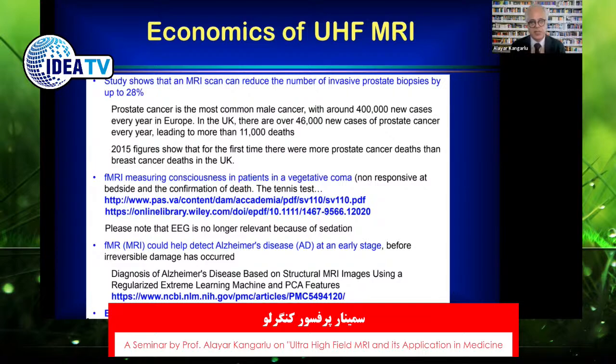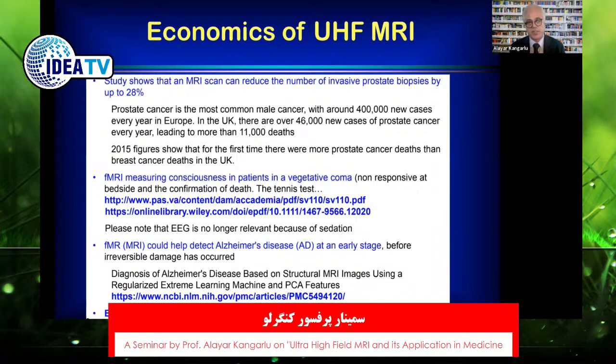EEG was the gold standard for the detection of consciousness in comatose patients, but now we have evidence to know that fMRI is a more potent and more sensitive technique for measuring the state of mental activity compared to EEG.